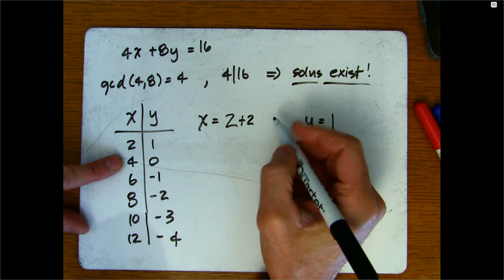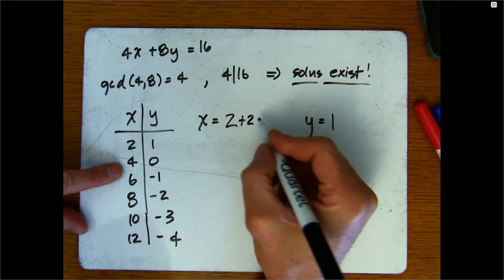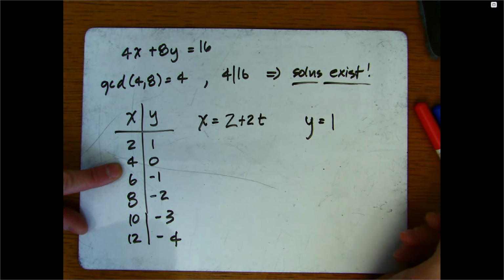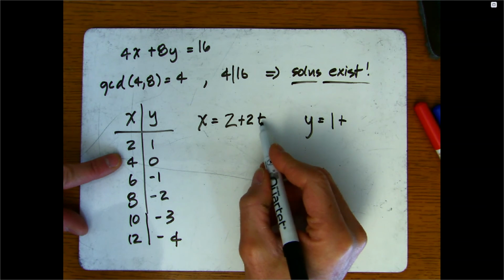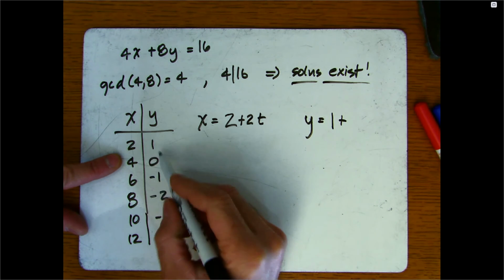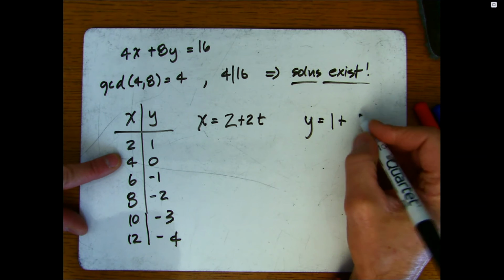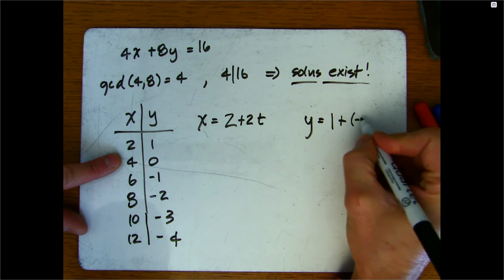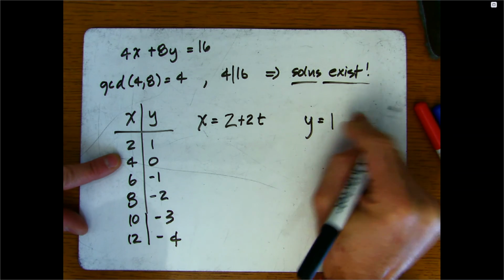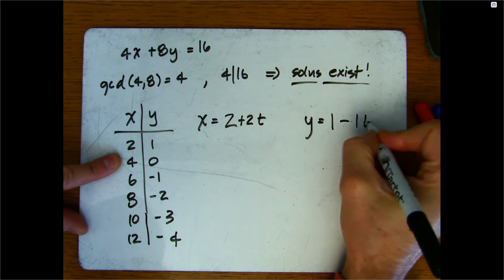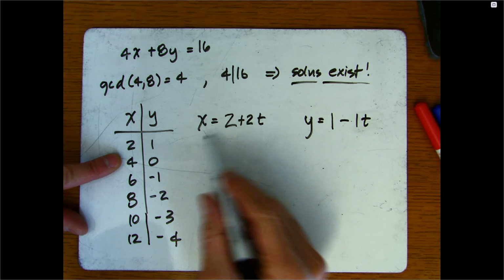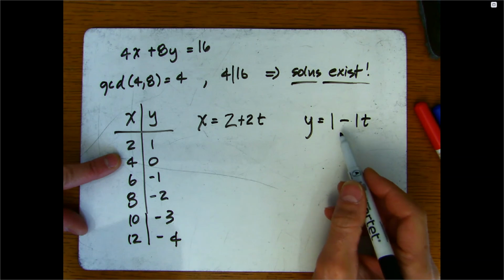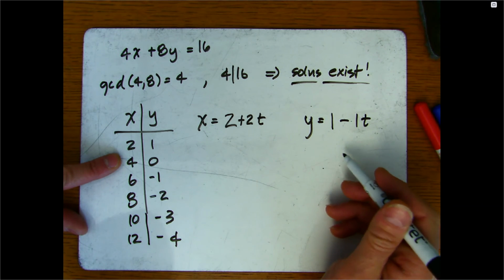So I'll let t be the number of times, and add 2 for a certain number of t's. And each time I add 2 to the x solution, I have to subtract 2 from the y solution, so that's minus 1t here. So it appears that this would be the set of all the solutions for x and y. And how would we generalize this?